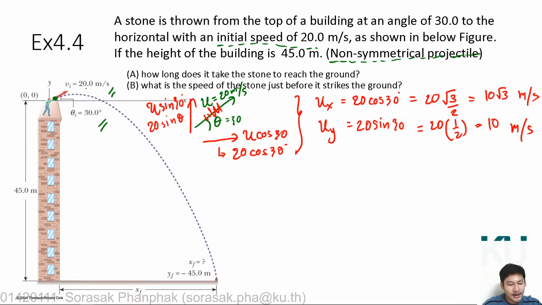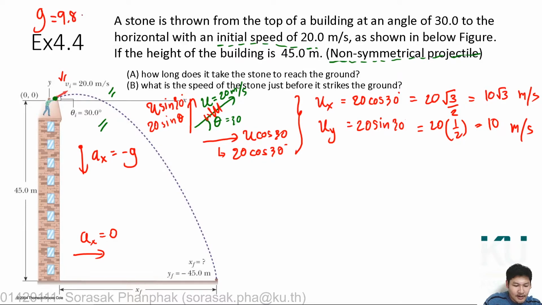What is thrown? It's thrown with initial velocity, so in the x direction there's no acceleration. However, in the y direction, it has acceleration equal to minus g. In this case, I would like to use g equal to 9.8 meters per second squared.